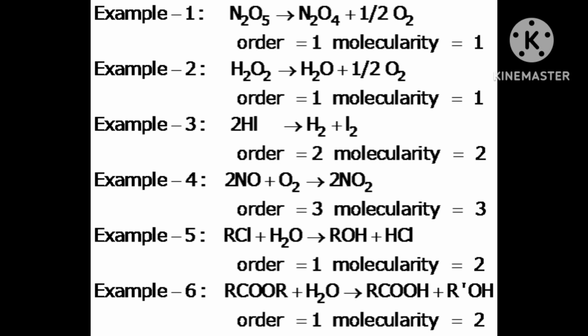Then all steps are important. You can't neglect any step. That's why the slowest step, the time taken for the slowest step, determines the rate of reaction. Correct? Just like, I give an example. In a competition of four persons, you have to see the performance of all 4.